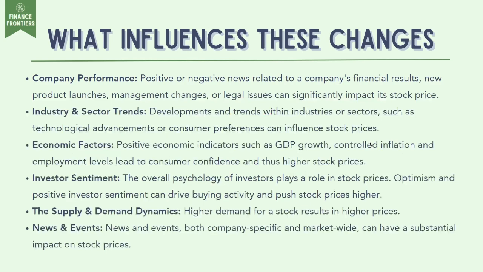Firstly, we have company performance. Positive or negative news related to a company's financial results, new product launches, management changes, or legal issues can significantly impact its stock price. So now to give you guys a quick example, you probably remember in 2015, Maggie was exposed and Maggie was found to be using lead in their products.